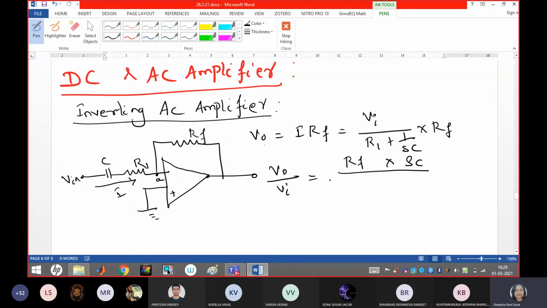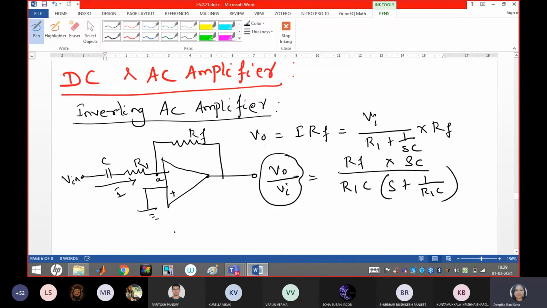This SC will go to the top side, and I have to make R1 into C the common, because I have to take S plus 1 by R1C. So which term will get cancelled out, and what do I get from here? So this is the gain equation now, V0 by Vi.